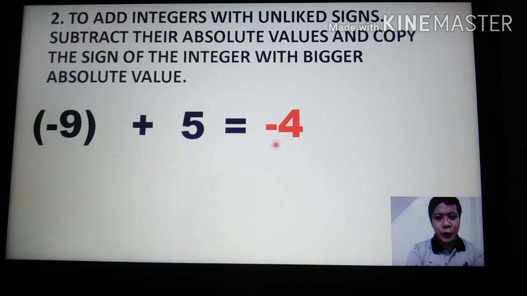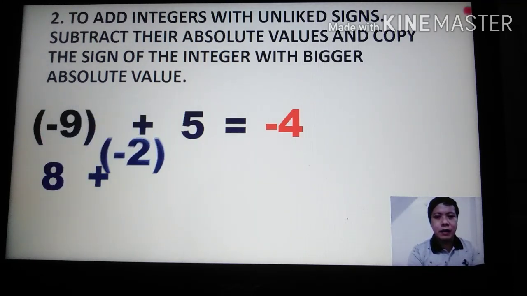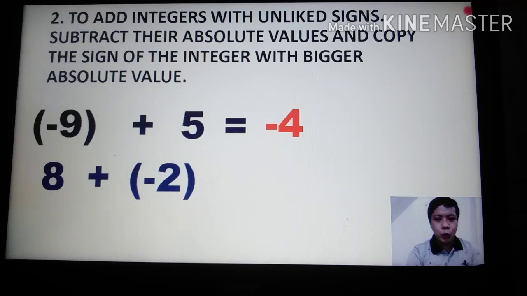Why negative 4? Because, as you can see, our bigger number is negative 9. Therefore, the sum is negative also, or simply follow the sign of the bigger number. Another example is positive 8 plus negative 2. What will be the sum? The sum is equal to positive 6.